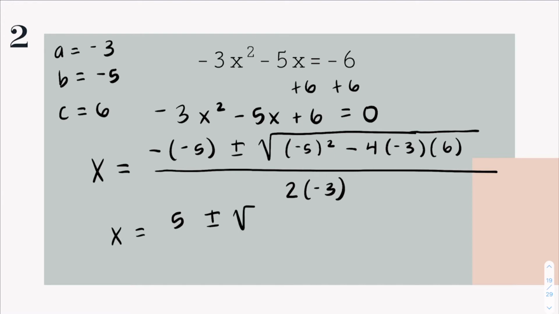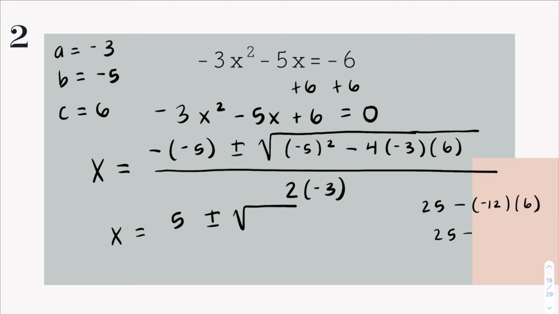Now we're going to figure out our discriminant. So we could put that whole discriminant in the calculator, making sure we don't include the square root. It's just the expression b squared minus 4ac. Or we could take it in pieces by hand. We get 25 minus negative 12 times 6.